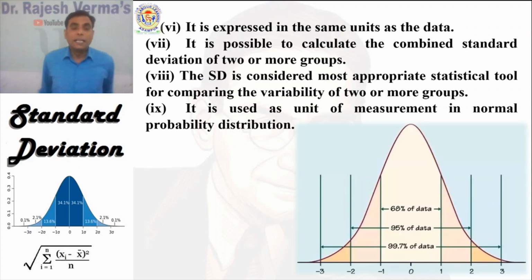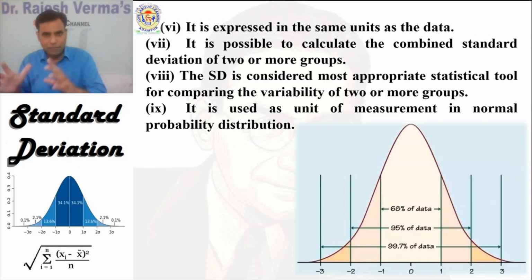Next comes, it is used as a unit of measurement in normal probability distribution. So here comes my point. I told you when I was discussing the previous slide that I will discuss the NPC and its association with the standard deviation. Suppose one particular question comes in your examination: what is the unit of normal probability curve, NPC?